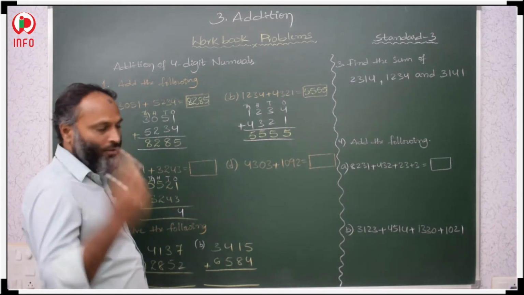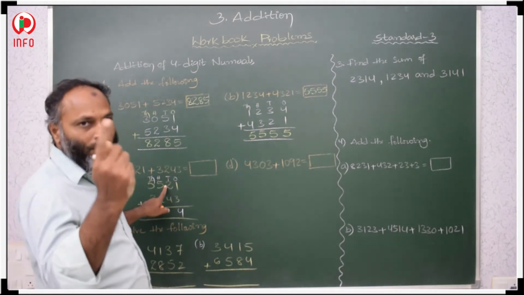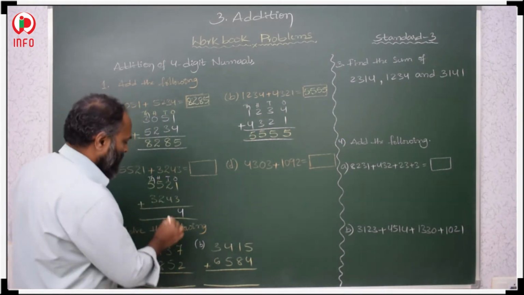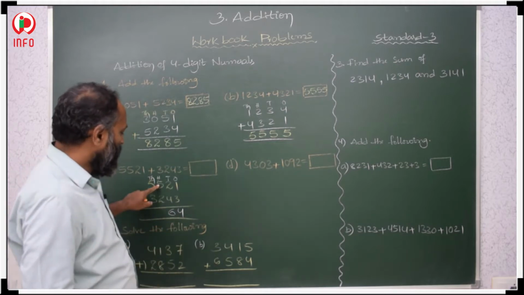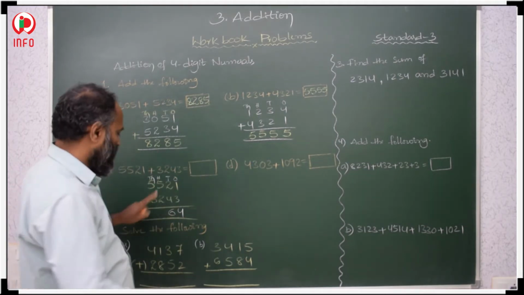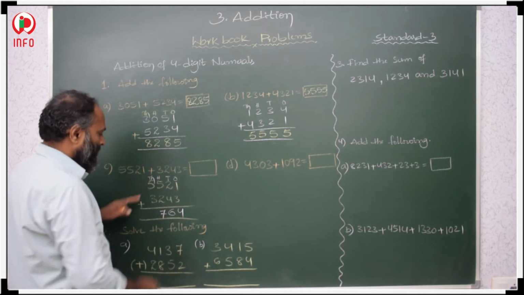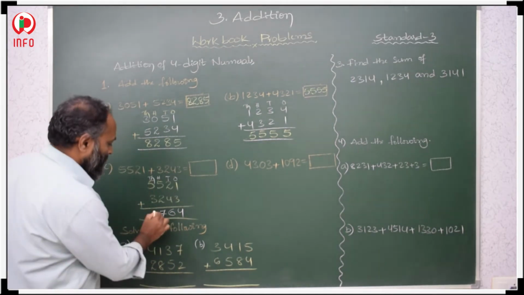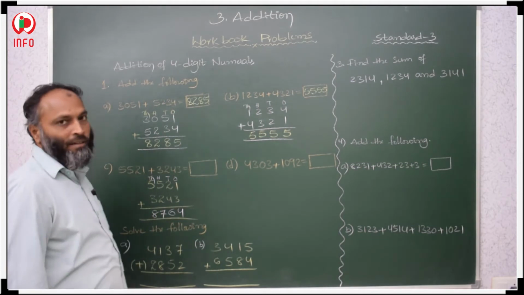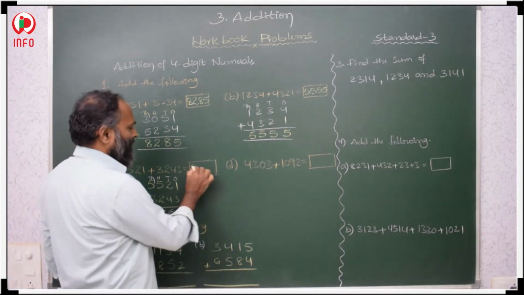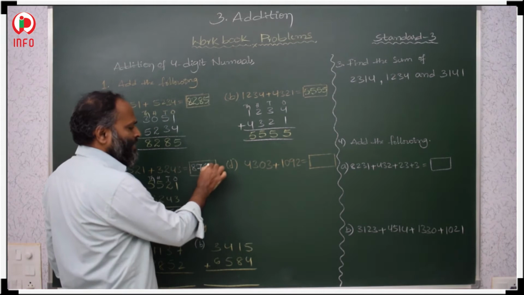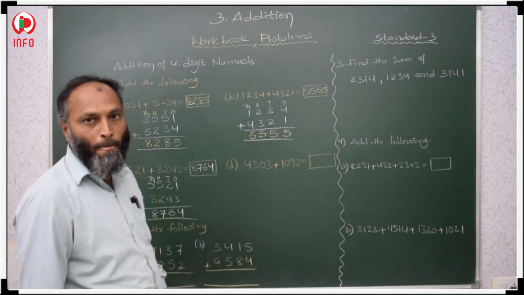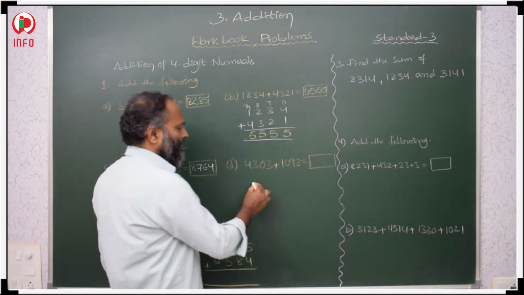And 6. 2, 3, 4, 5, 6. 5 plus 2, 5, 6, 7. 5 plus 3, 5, 6, 7, 8. The answer is 8764.